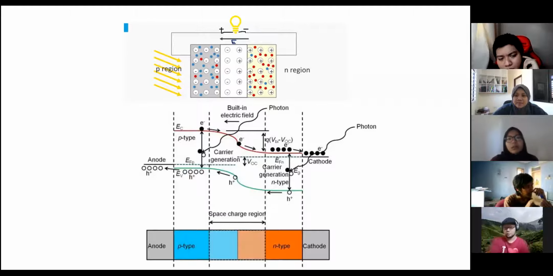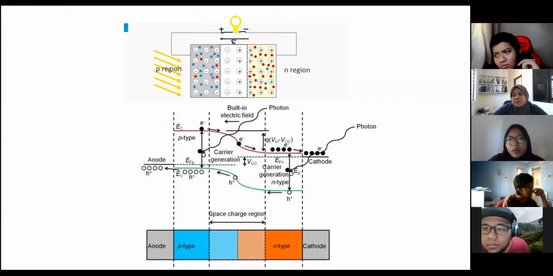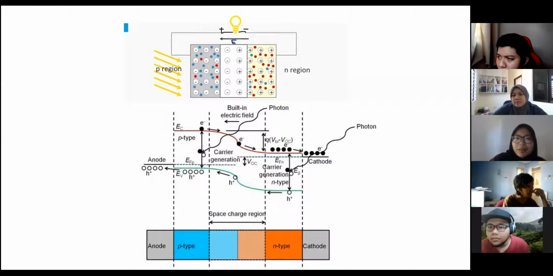Before the photon hits the semiconductor, as I mentioned last week, the solar cell is in equilibrium state. When the photon hits the solar cell, it will produce electron hole pairs. That's where electricity occurs.